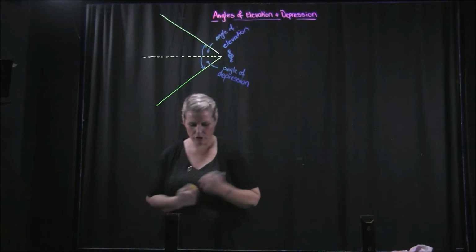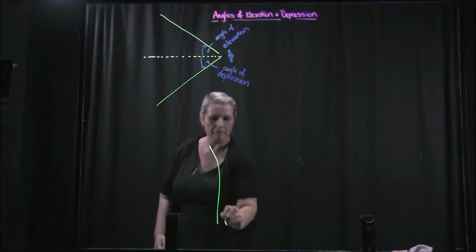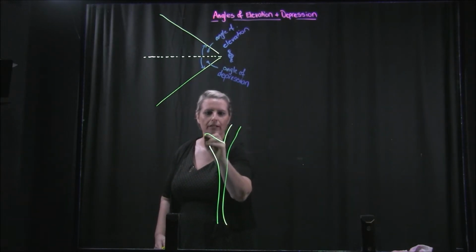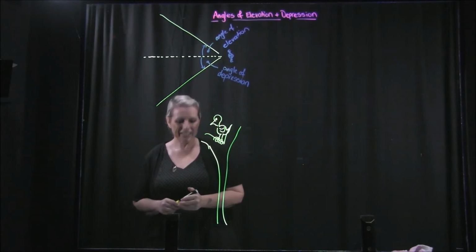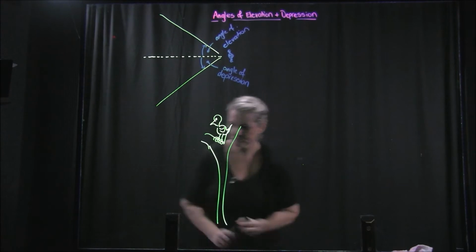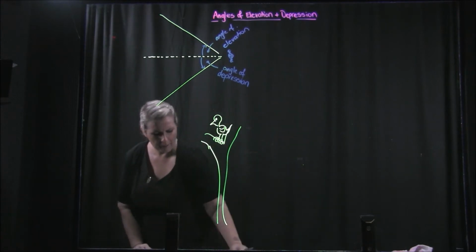So, let's draw a tree. Here is my tree. And in my tree, I have this bird with a really, really strange body and weird little legs. And he has a little tail. And here's his little wing. There we go. Give him a little eye. Beautiful. Okay, down here, I've got a puppy dog.